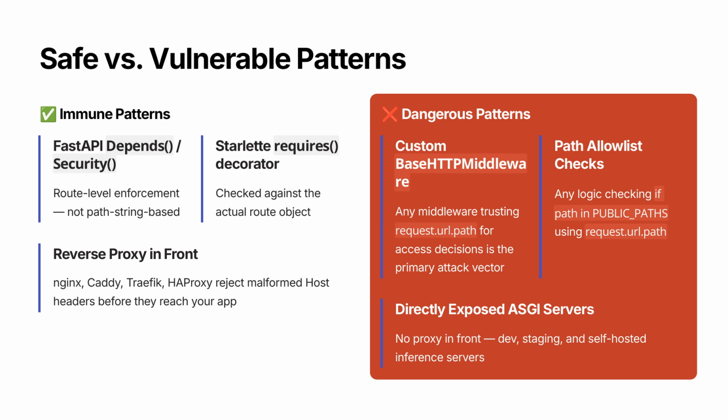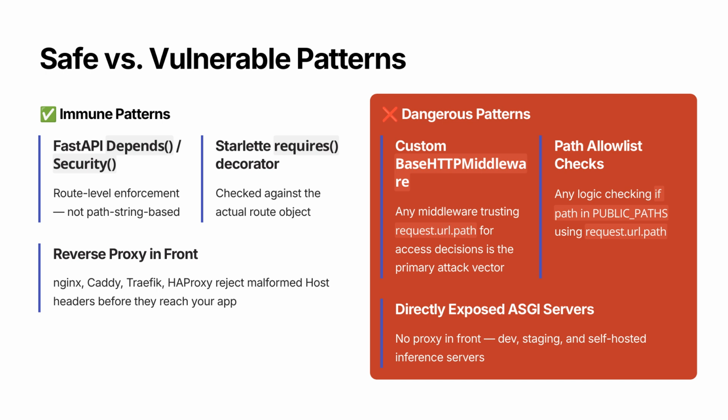Tools like Nginx, Caddy, Traefik, and HAProxy can reject malformed host headers before that traffic ever reaches your app. On the vulnerable side, the biggest red flag is custom BaseHTTPMiddleware that trusts request.url.path for access control decisions. If middleware is making security choices from that value, it becomes a primary attack surface. Path allow list checks are another common problem. If the logic is basically checking whether the path is in a public paths list using request.url.path, that can be bypassed under the wrong conditions, and directly exposed ASGI servers increase the risk even more.